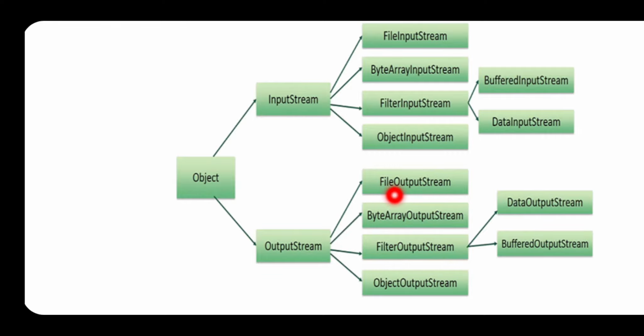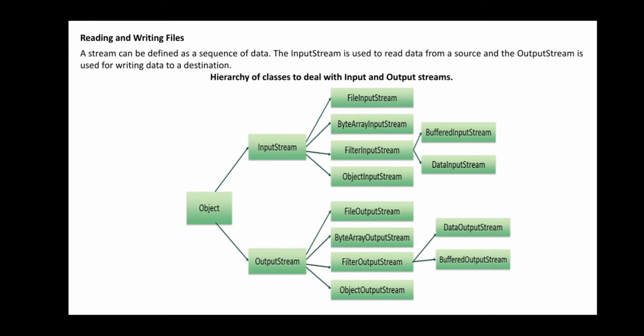You define it with file output stream, byte array output stream, filter output stream, and object output stream. The filter output stream is divided into two parts: one is called data output stream and the other buffered output stream. So this is how reading and writing can be done.